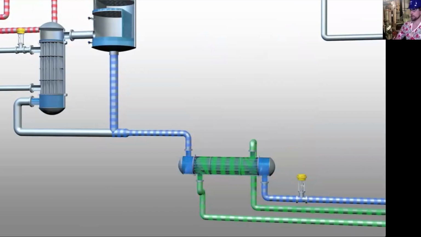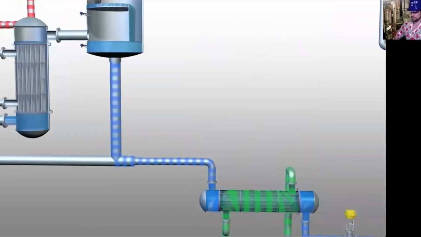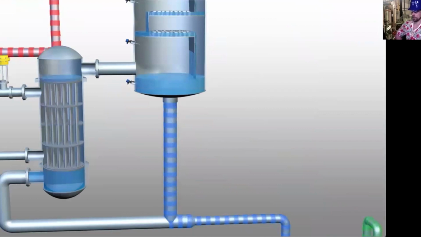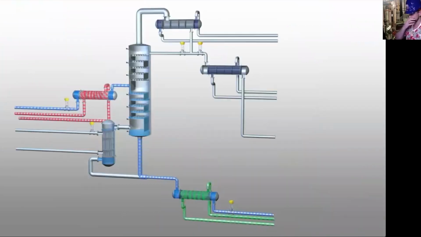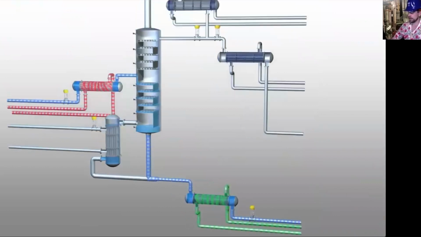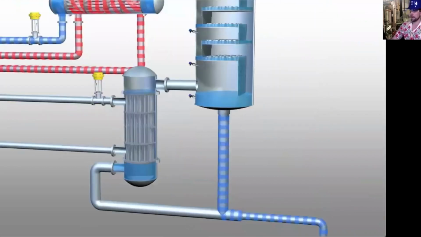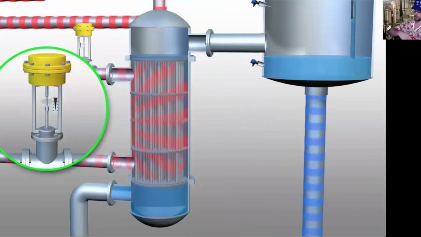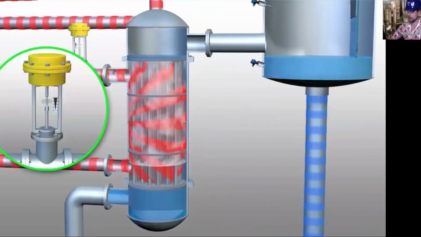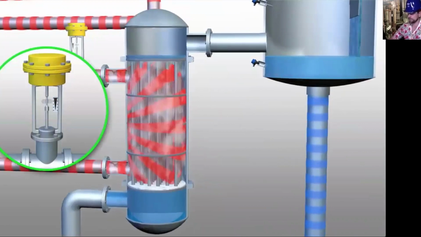So this way your system remains open, and you can see your reboiler or your evaporator, whatever you want to call it, on the side there, its fluid level is equal with that of your bottoms. Just to note, everything below that feed line is considered your bottoms, and everything above is your rectifying.